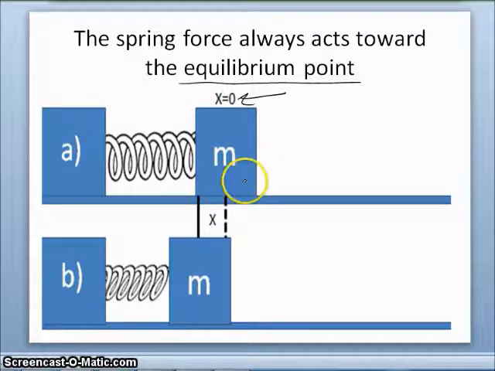So in this diagram, what we've done is we've compressed the spring some distance x, which means that the force, according to Hooke's law, is equal to minus kx.